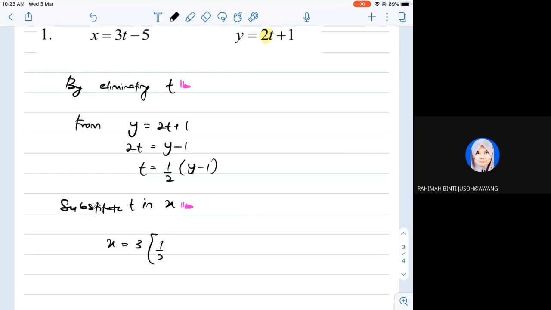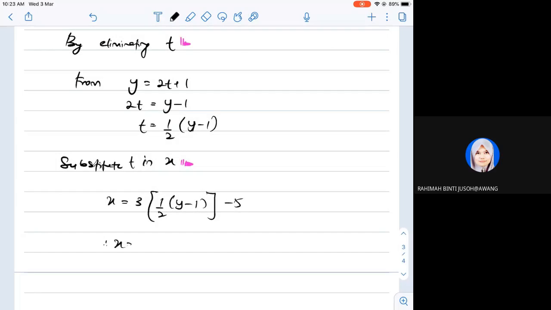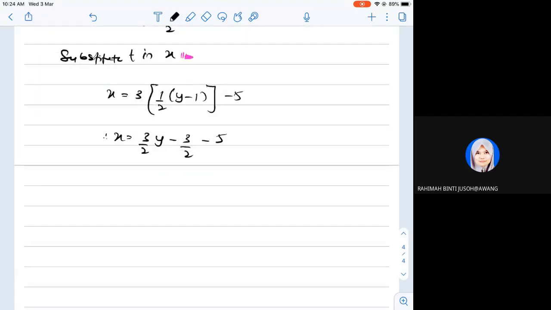T is 1 over 2, y minus 1, minus 5. Okay, so we will have x equals to 3 over 2 y minus 3 over 2 minus 5. Okay, so from here we will have x equals to 3 over 2 y, 2 times 5 negative 10, isn't it? So negative 13 over 2, isn't it?